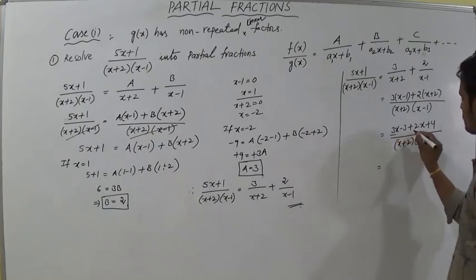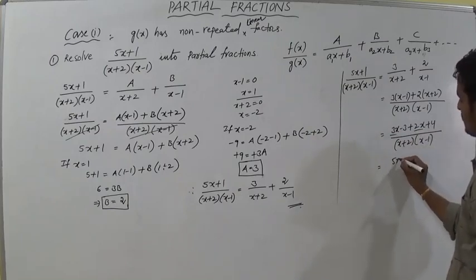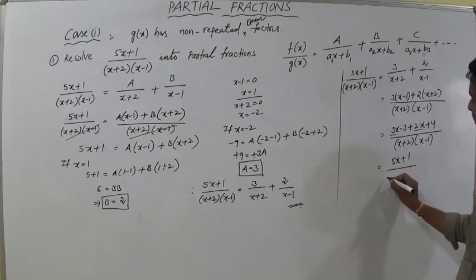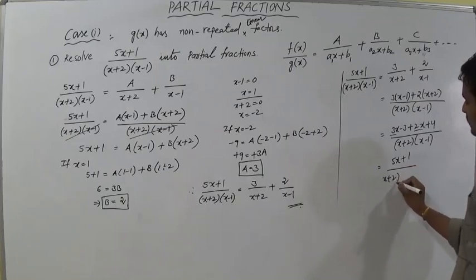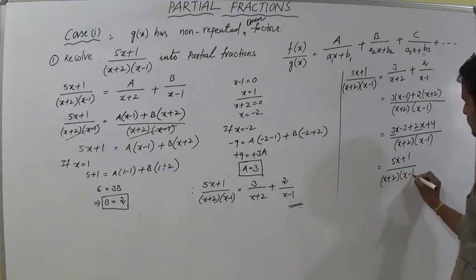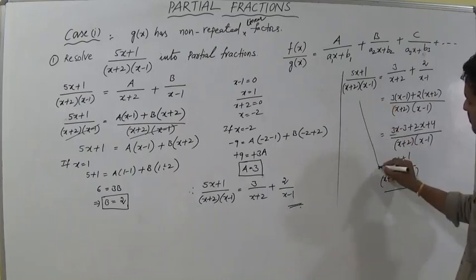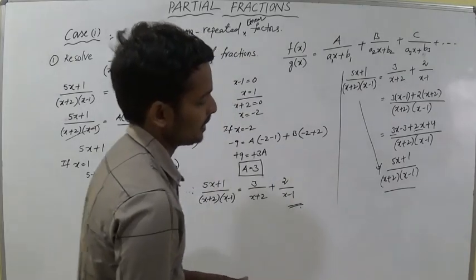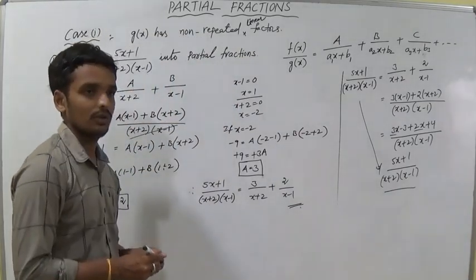Now 3x plus 2x is 5x, minus 3 plus 4 is plus 1, by x plus 2 into x minus 1. This is the same as our RHS: 5x plus 1 by x plus 2 into x minus 1.